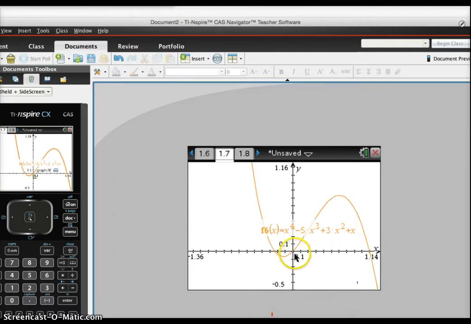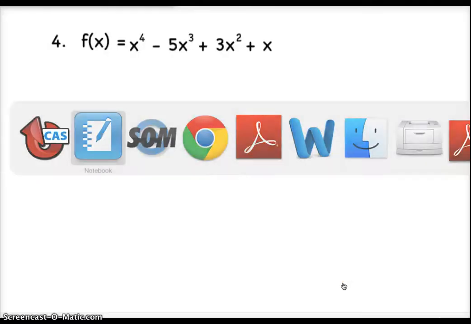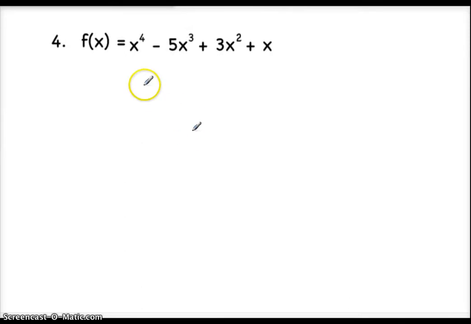So we see that we're crossing at x equals 0. So we have 0, 0, and then let's check 1 also, and x equals 1. So we know by sketching the graph of this that we have zeros of x equals 0 and x equals 1.